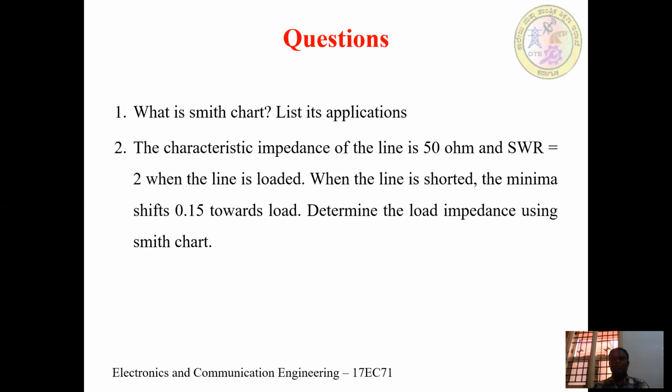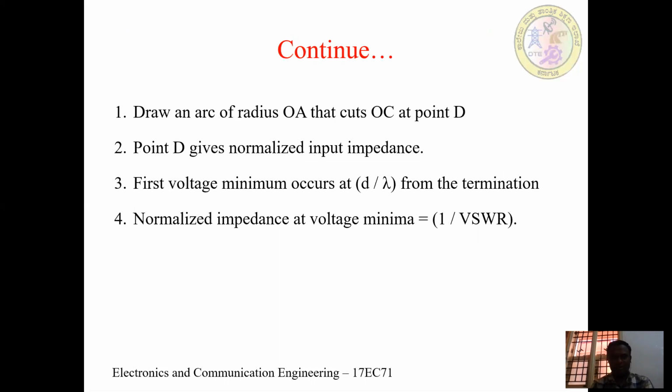So this is how you can find it; point D gives the normalized input impedance here.